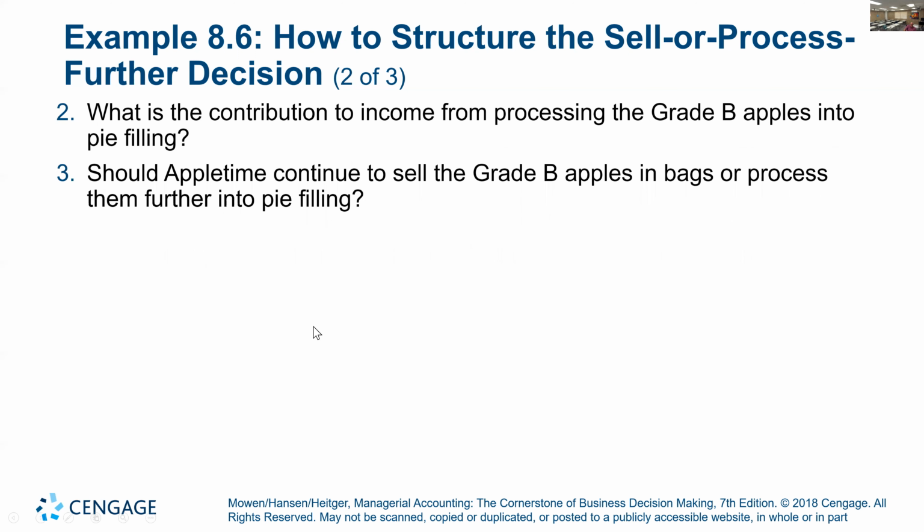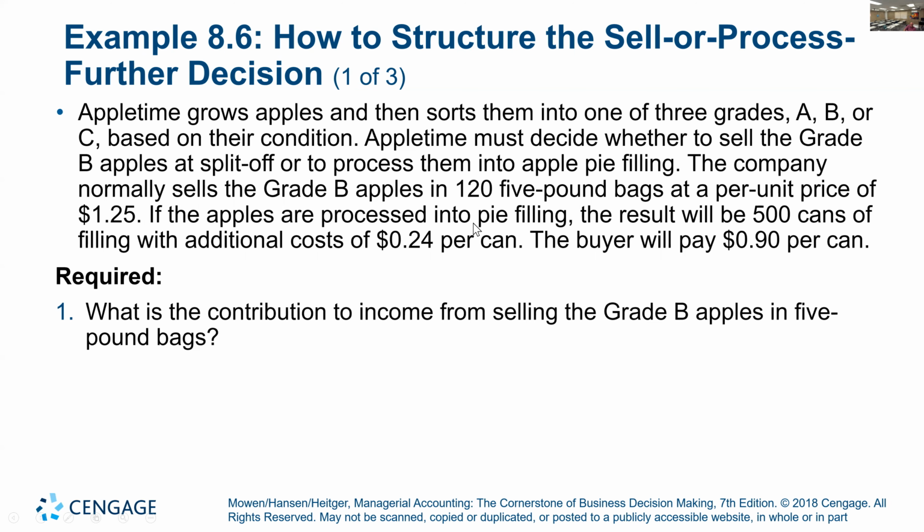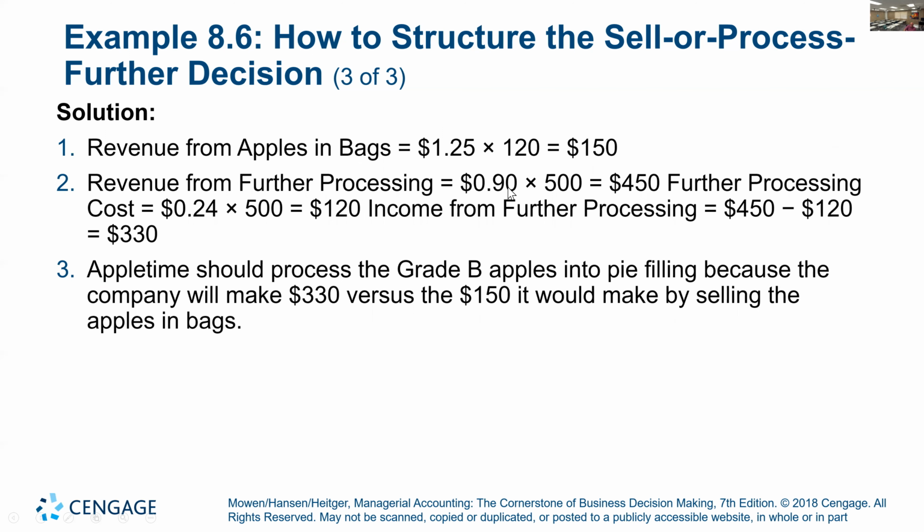If we were to process them further, we would get 500 cans of filling, an additional cost of 24 cents a can, and the buyer will pay 90 cents a can. So what is the contribution to income if we process further?